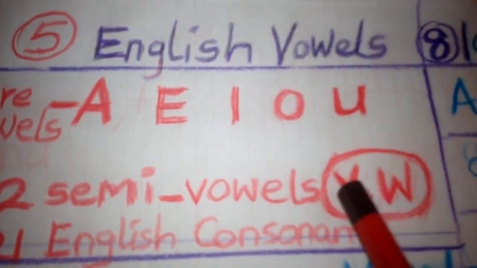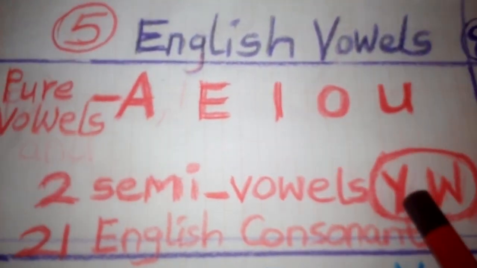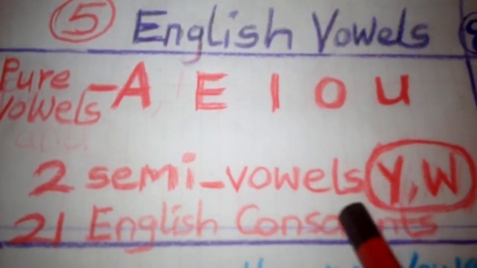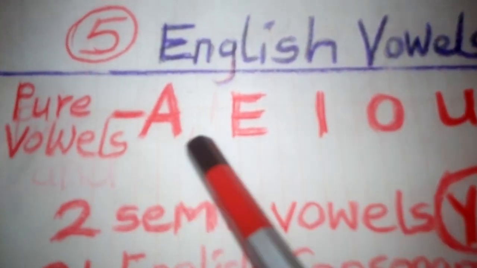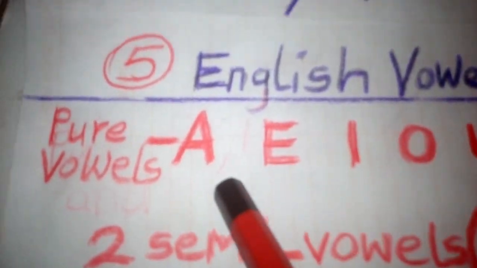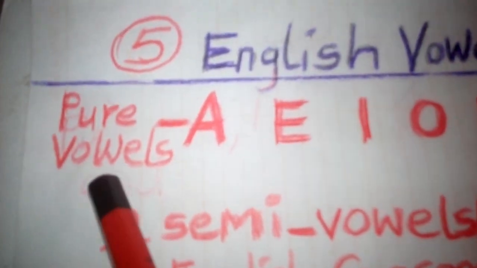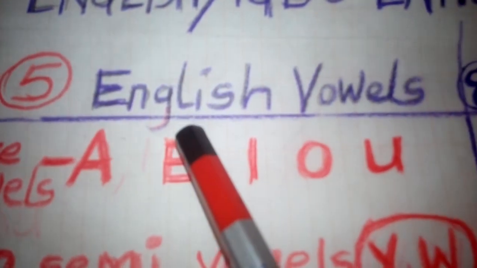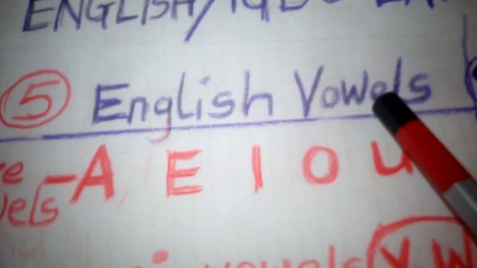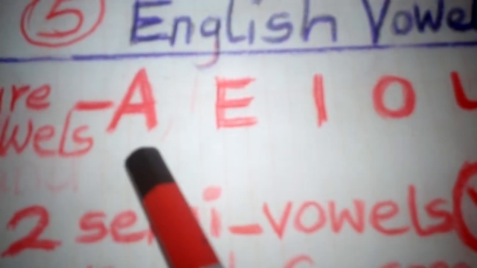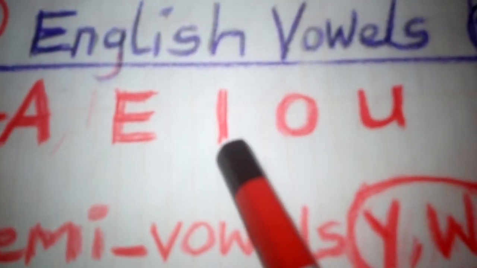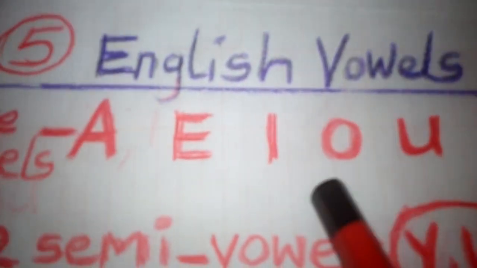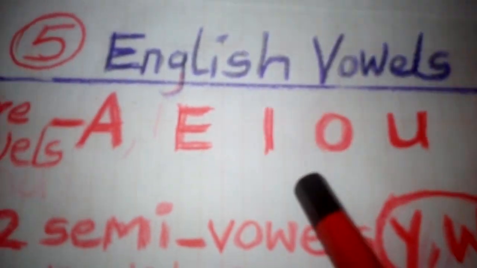At times they can come in as a vowel. But this one I will teach you if there is time for that in another place. So pure vowels, 5 English vowels: A, E, I, O, U, just 5 of them.